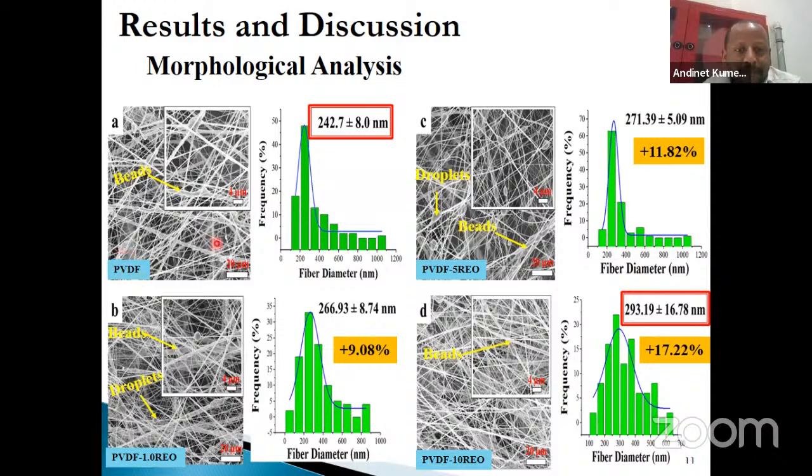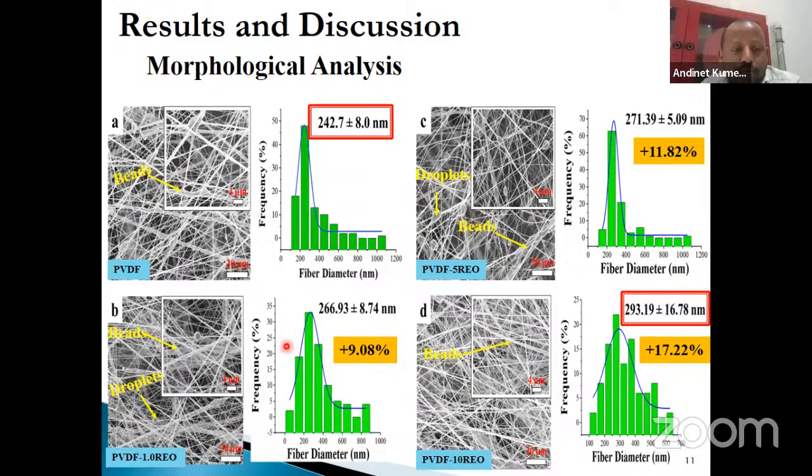Therefore, pure PVDF has a relatively lower fiber diameter as compared to higher concentration PVDF solution. And this increment in the nanofiber diameter can be directly linked with the viscosity of the solution, which is increased because of the addition of the oil.